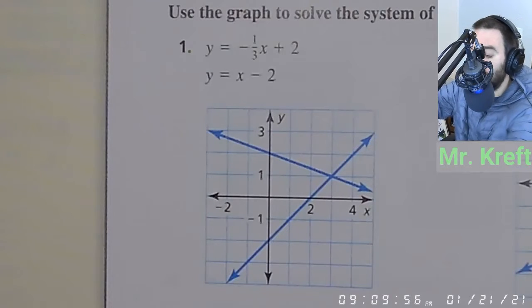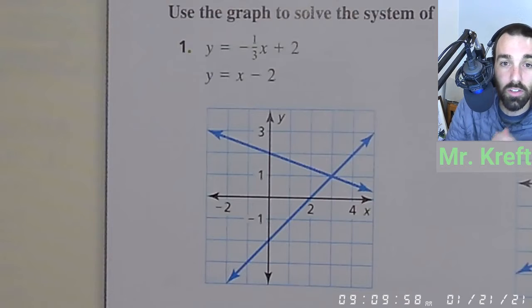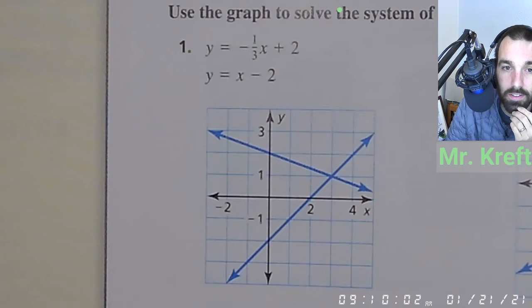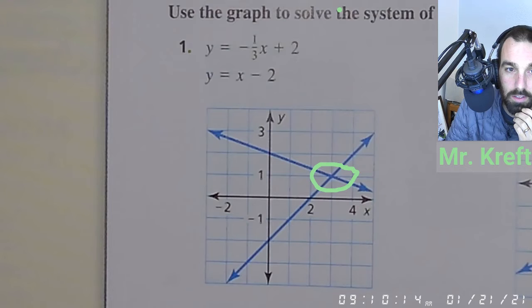You guys don't have to get this down in your notes, but what I want to just point out here is if we take a look at this, we have 2 lines, and the solution is going to be where they meet, right? See how this is x right here? And then this is the y right here.